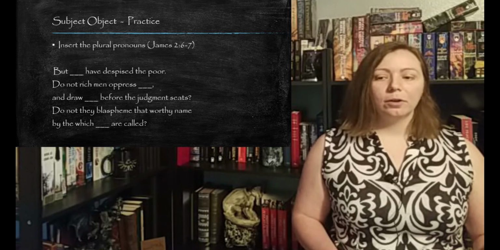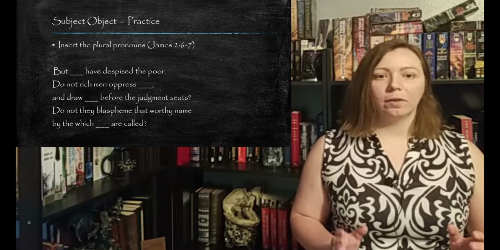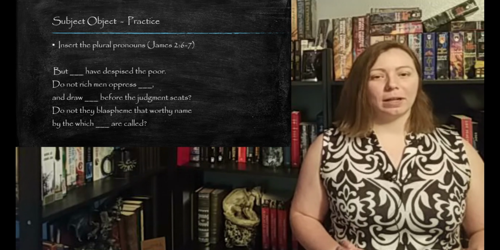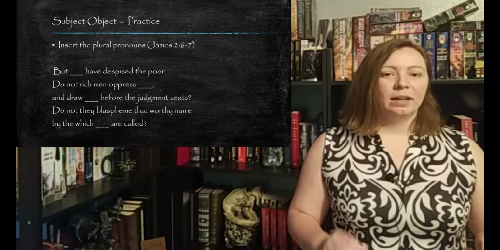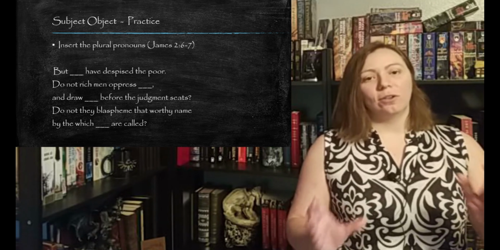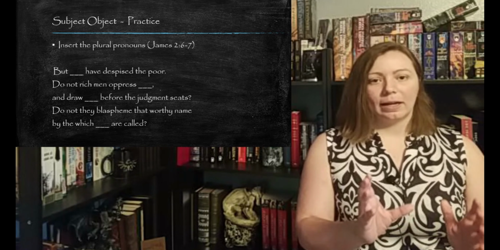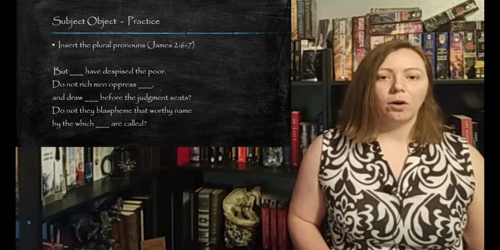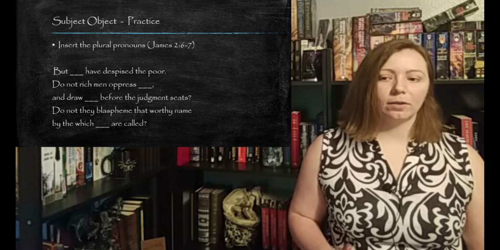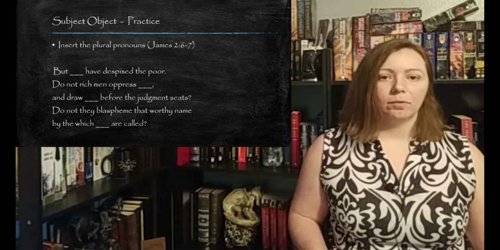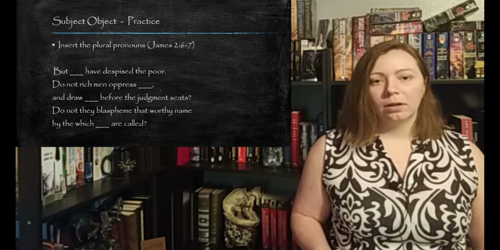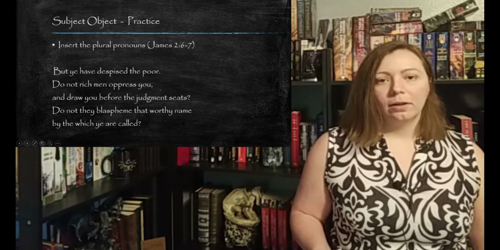So whenever you're looking at this, you're going to identify the verb for your clause, for your phrase, and having something like which, having a comma before it, ignore all the other verbs, just look at that little phrase, that little clause. So we have by the which blank are called. So are is our verb, right before it is our subject. So ye are called. Here it is all together.